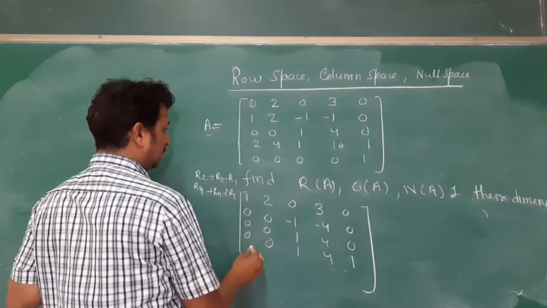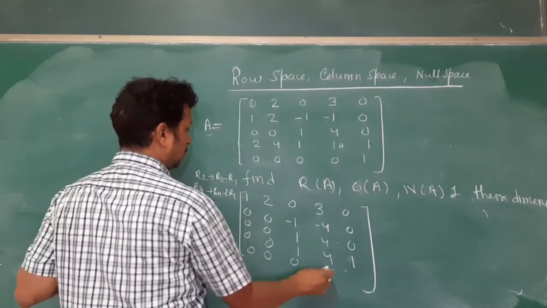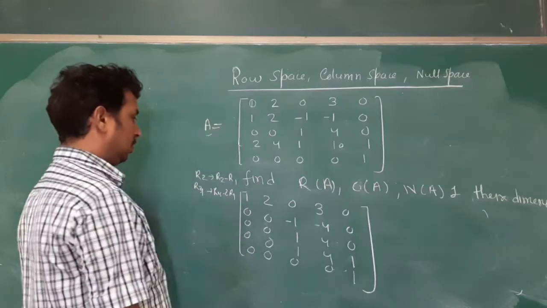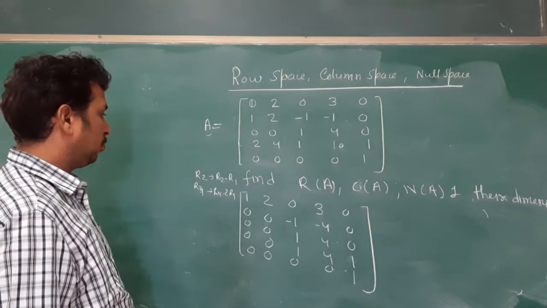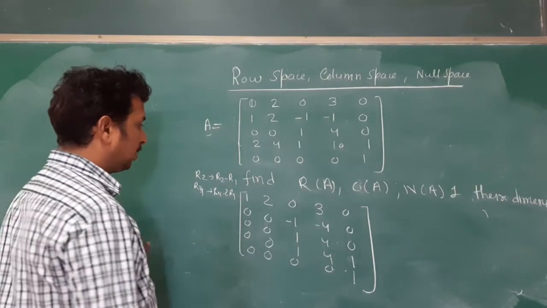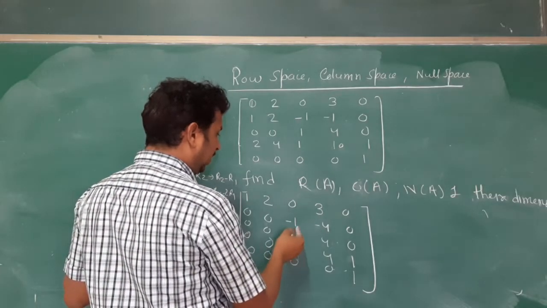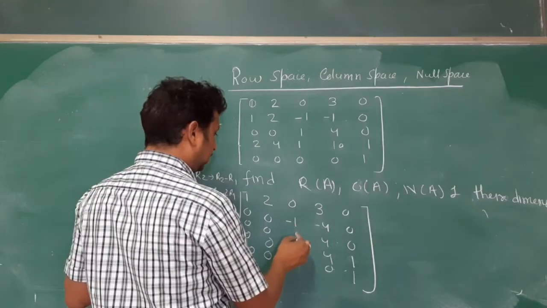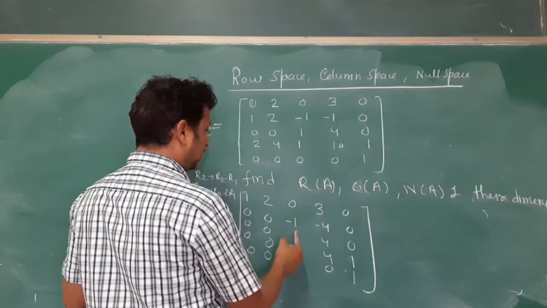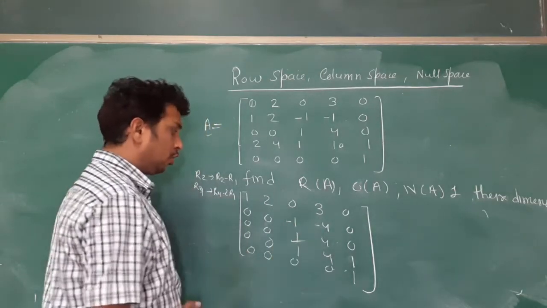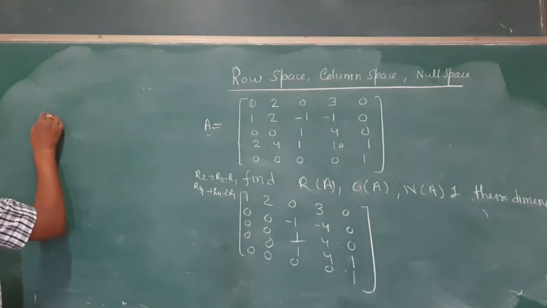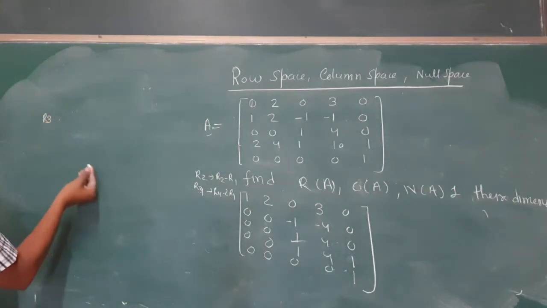Okay, so the first step is over. Now go for the third. When we add this, the row becomes 0 only, correct? So we will follow that one because we have to make the maximum number of zeros.